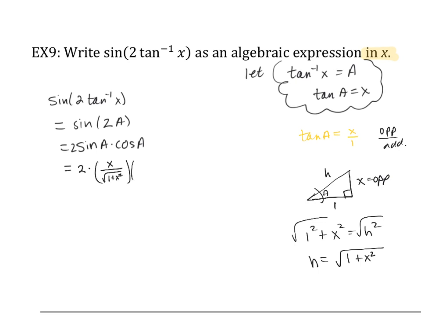Cosine is adjacent, which is 1, over hypotenuse, which is the square root of 1 plus x squared. Now we are going to simplify this, and we get square root times the square root. That simplifies down to 2x all over 1 plus x squared. Okay, so we are done.